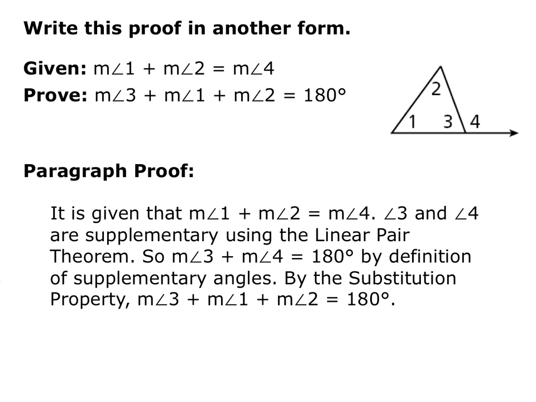2 column, what goes on the left? What's it called? Statements. Statements and reasons. Okay. Question? No. You know how to start? Yeah. All right, first line. M angle 1 plus M angle 2 equals M angle 4.